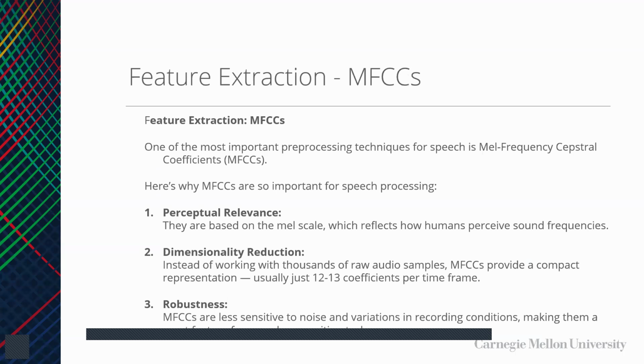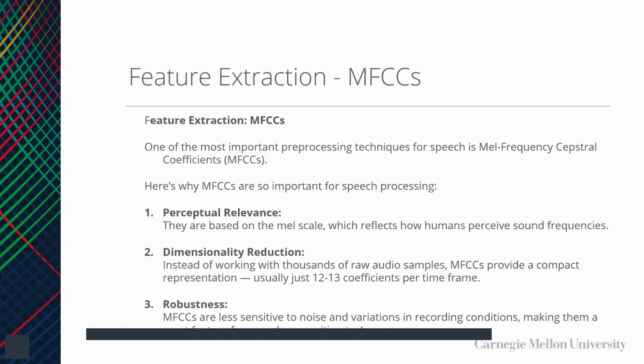So we need to perform feature extraction. One of the most important preprocessing techniques for speech is Mel frequency cepstral coefficients, the MFCCs. Why are they important? First, they have perceptual relevance, which means they are based on the Mel scale.